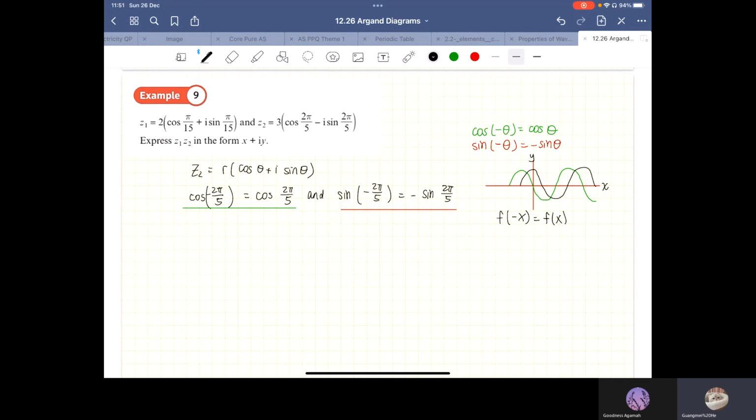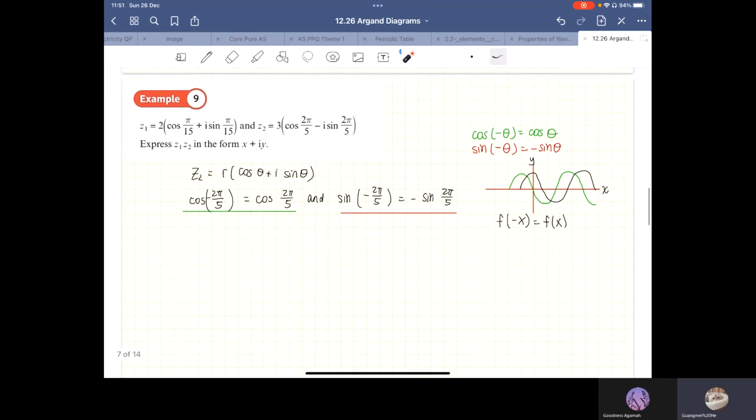But when you look at the green one, it does not reflect on the y-axis anymore. If, let's say, you take this part here on the green curve and you reflect it on the y-axis to this side, and then reflect it again on the x-axis, you get it there.